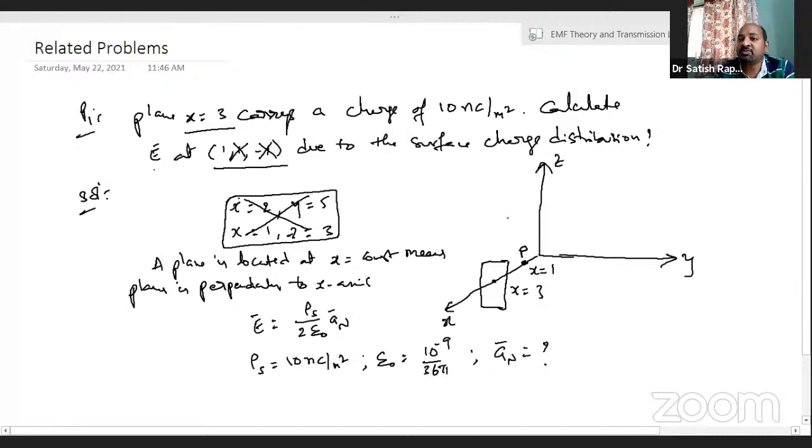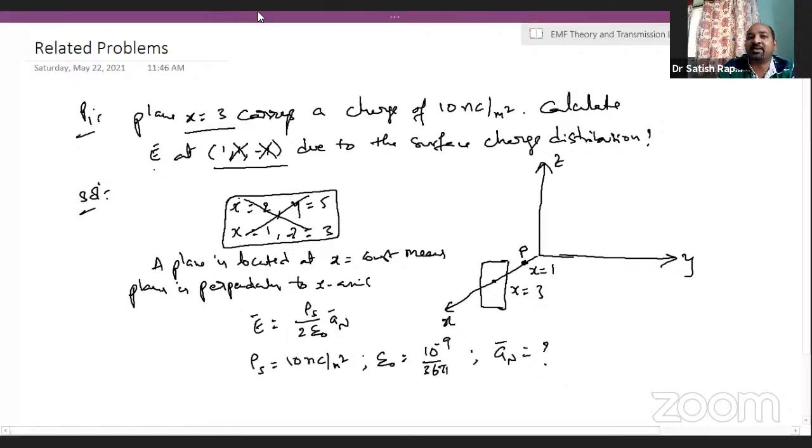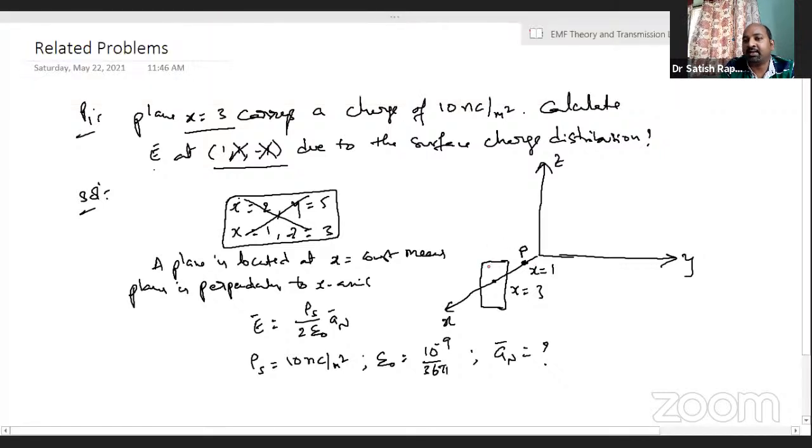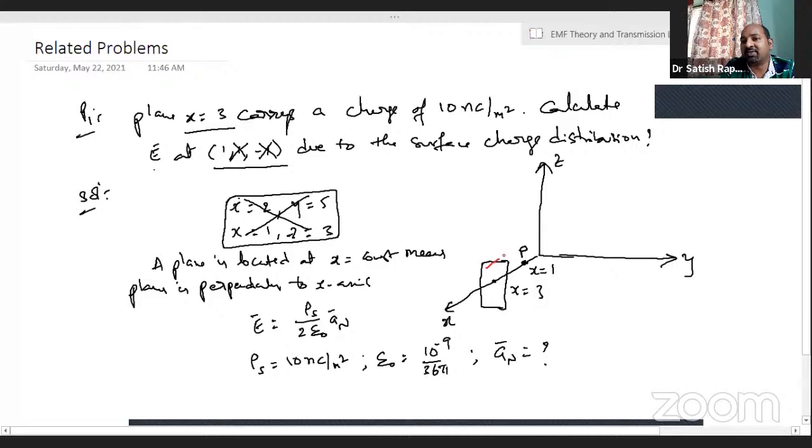So now from this figure, what is the direction of the electric field? From the discussion which I have made just now, right? Electric field always directs towards the point. Here is the point, and the direction of the electric field will be like this. So this is the point P, and the direction of the electric field is towards the point.